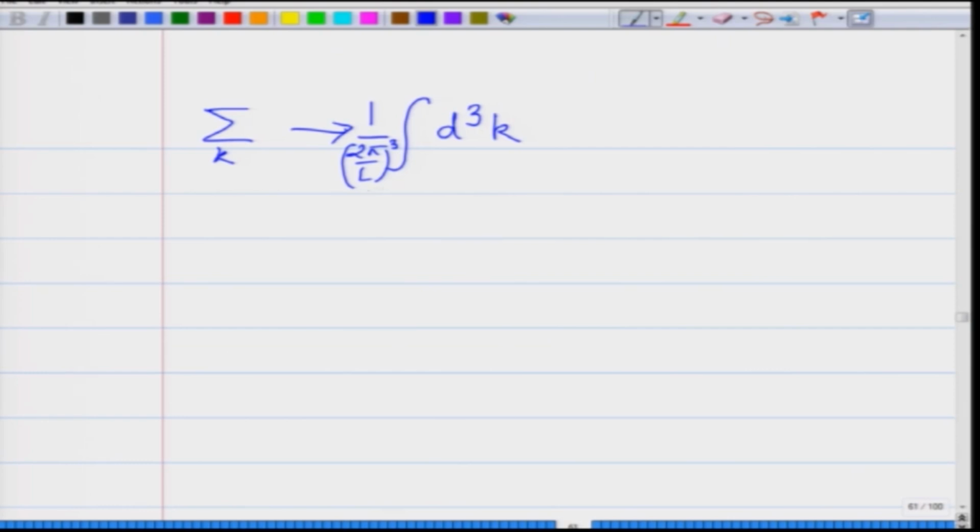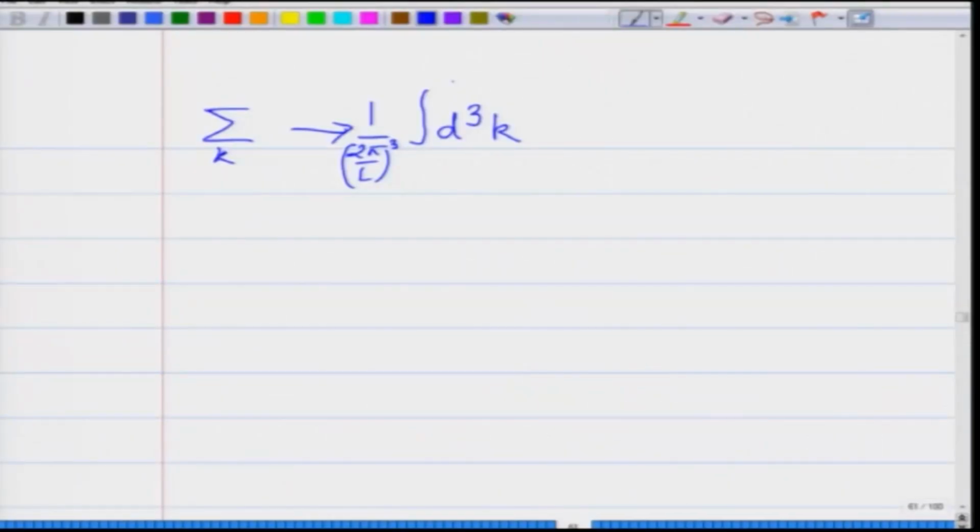This is the smallest volume where there is one state per such volume. So, you have the entire volume in k space divided by the smallest volume occupied by a single state. If I go from summation to this integral formulation, I will again count the total number of states.